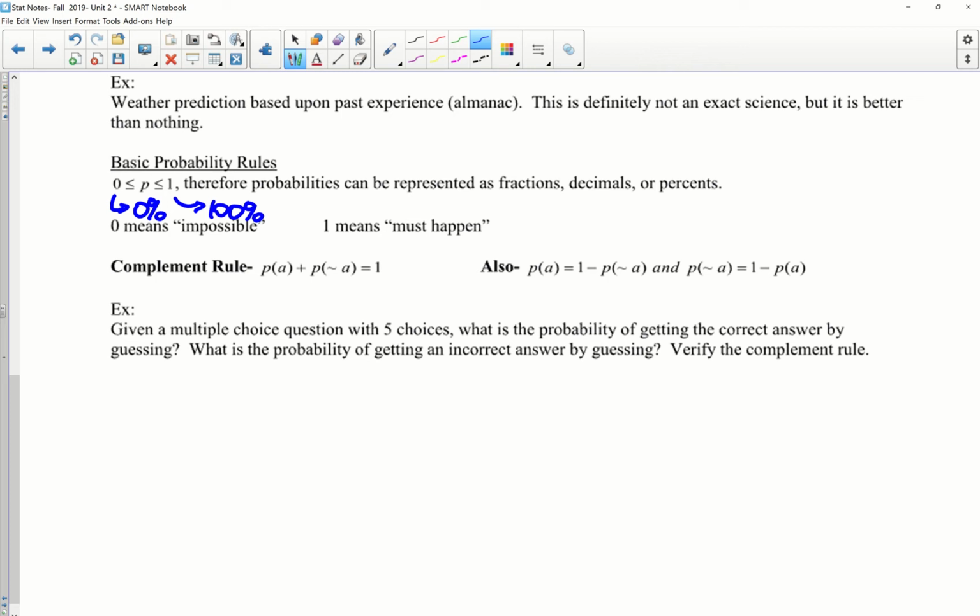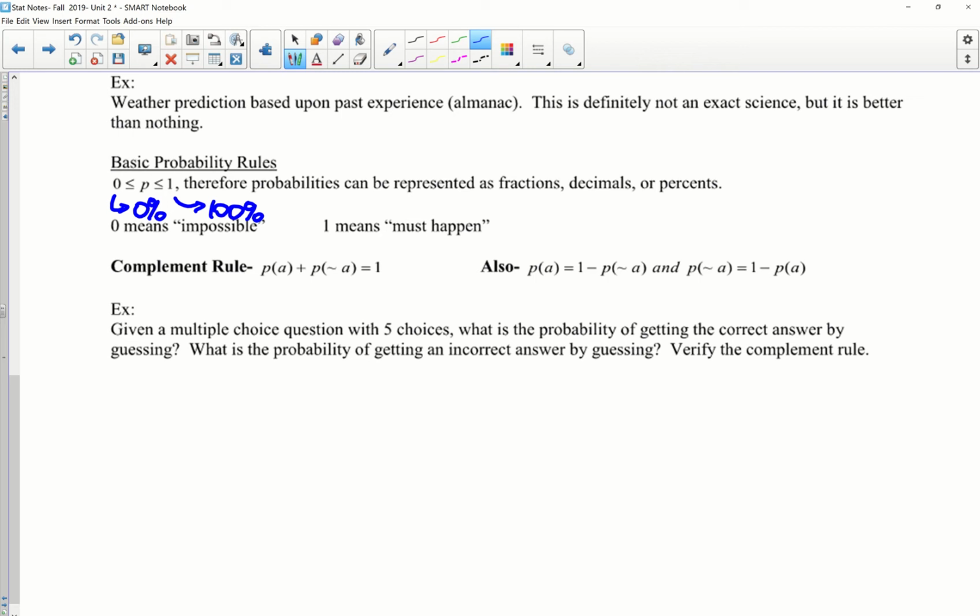Now, if I say, what's the probability of getting 3 red marbles? What you do is you reach into the bag. You pull out 3 marbles. And, oh, look at that. It turns out that they're all red. Probability of 3 out of 3. Okay?